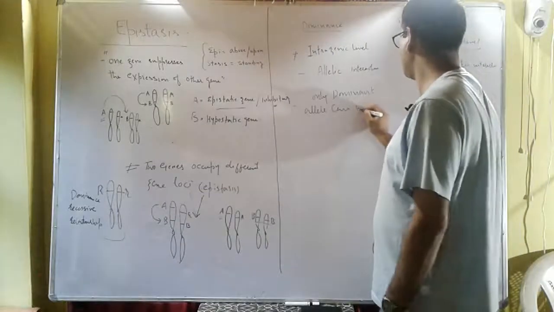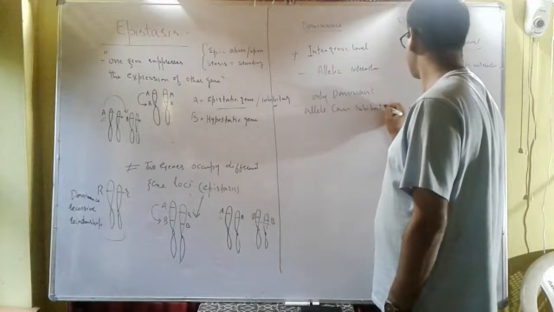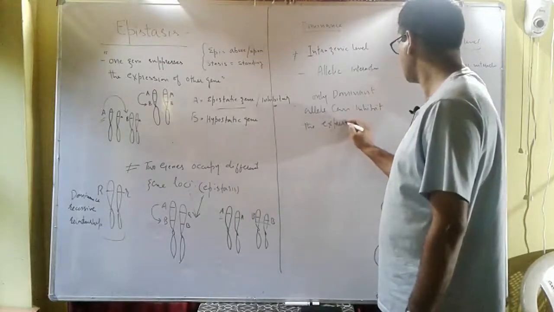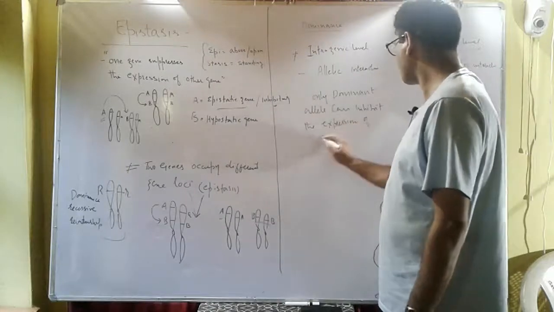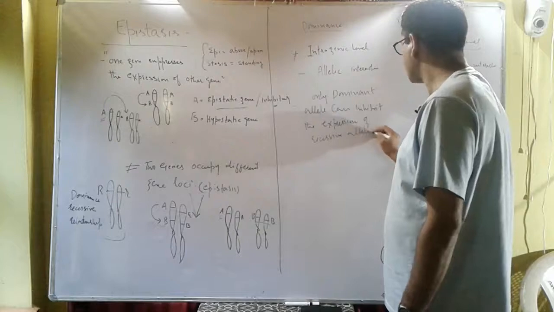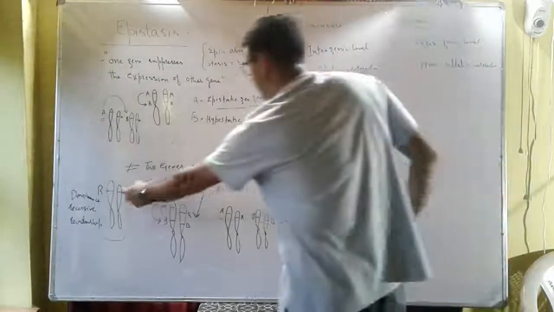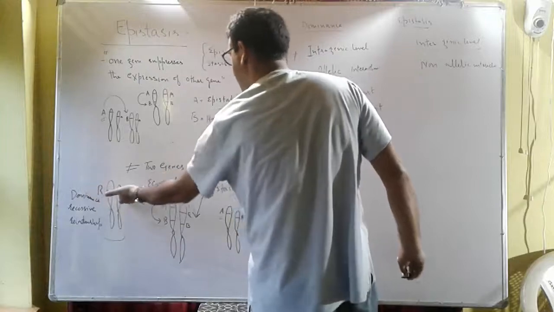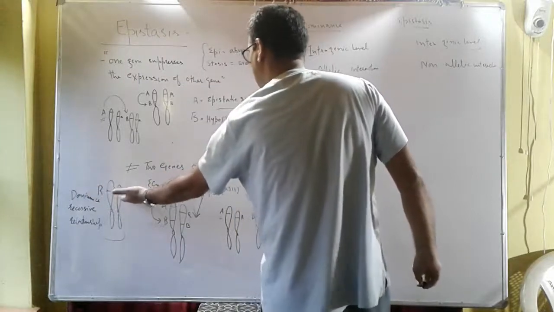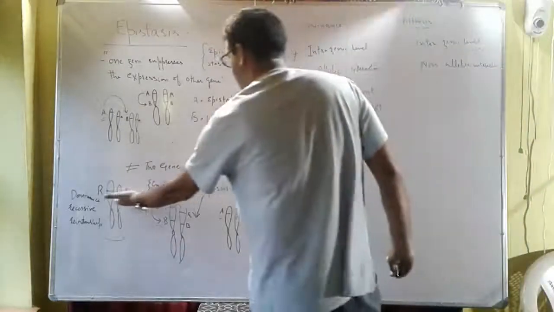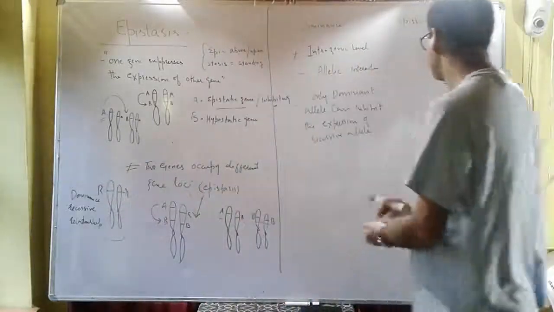This is a dominant allele and this is a recessive allele. Only R gene can inhibit the expression of small r. Small r, this recessive allele, cannot inhibit the expression of capital R.